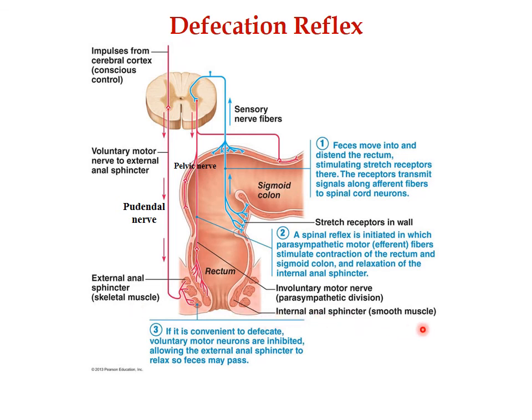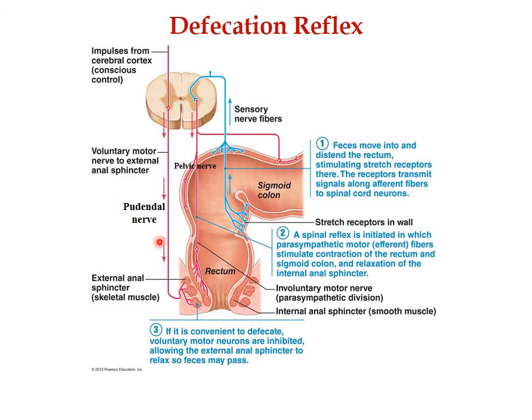The internal anal sphincter is made up of smooth muscle, which is under parasympathetic control, whereas the external anal sphincter, the outermost one, is made up of skeletal muscle. This is smooth muscle, this is skeletal muscle. Smooth muscle will always be innervated by the autonomic nervous system. So here this is the parasympathetic nervous system, which is the pelvic nerve, whereas this particular one is supplied by a nerve called the pudendal nerve.